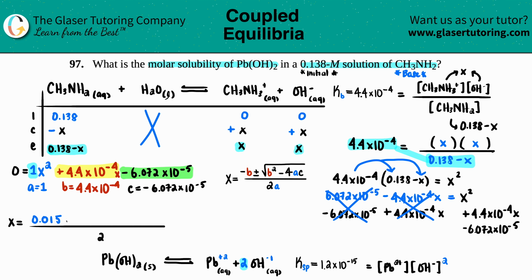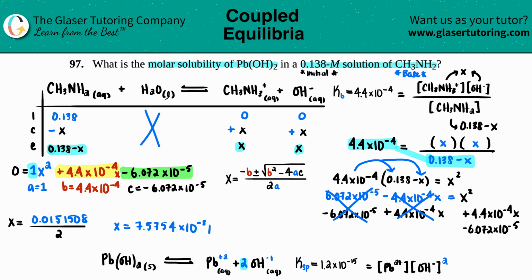Wait, am I doing this right? 0.0151508. And now this is all divided by 2. So I get X equals 7.5754 times 10 to the negative third.